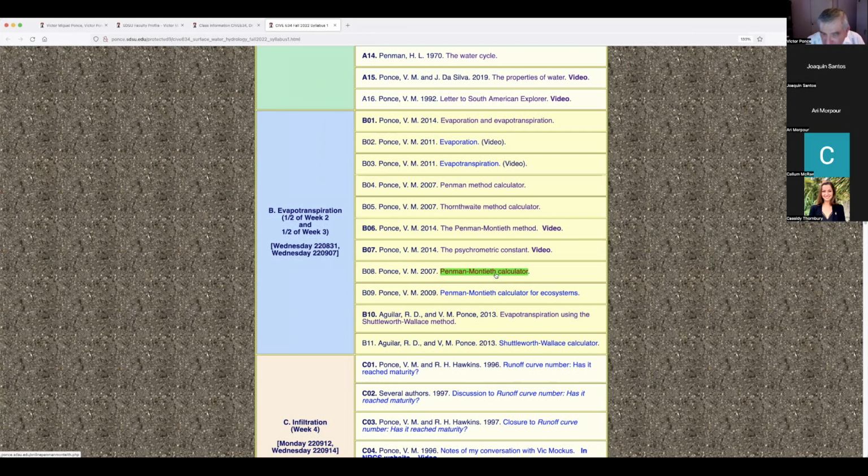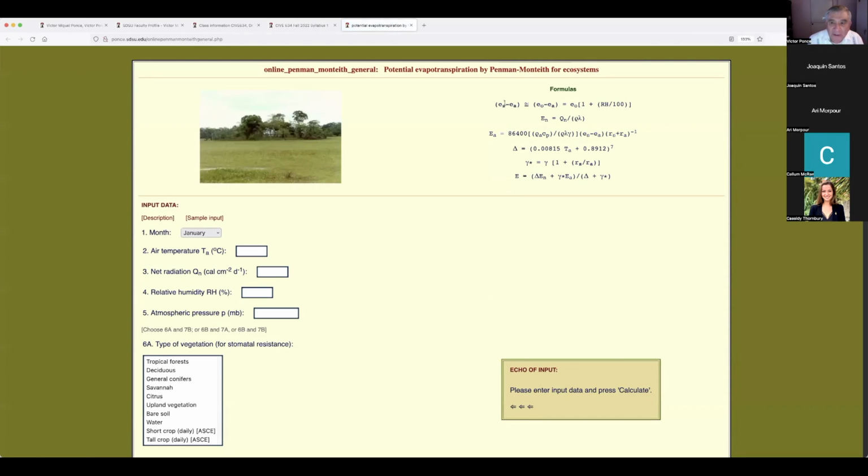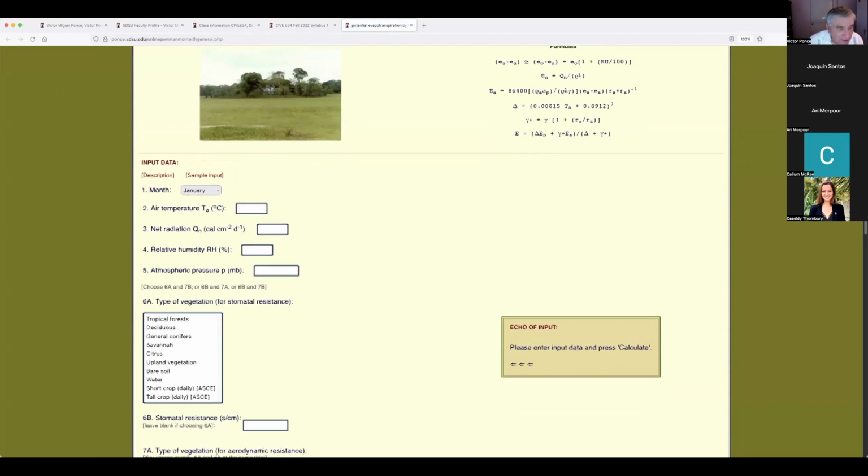But this scientist from Brazil wanted it for ecosystems. So I did this calculator, which is the Penman-Monteith for ecosystems.